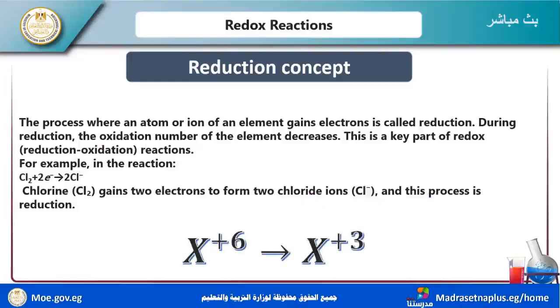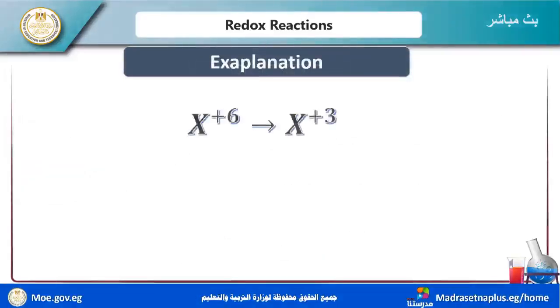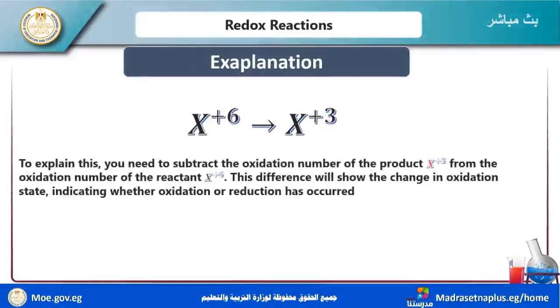We have another example, X going from positive 6 to positive 3. Subtract positive 6 from positive 3, so the result equals negative 3. It gained 3 electrons, and a reduction process occurs here.